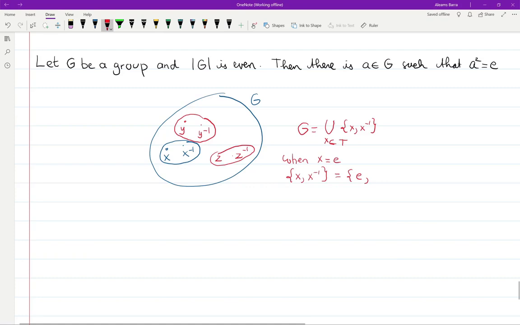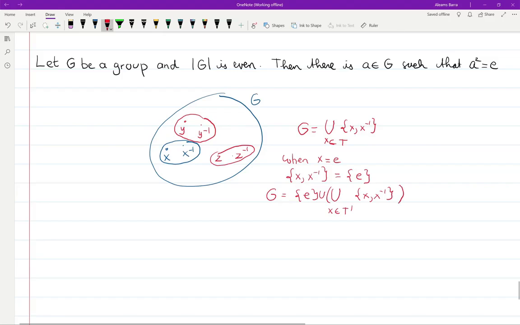So in fact, this is a singleton. So basically we can separate G as the singleton union with, let's say, T prime, for example, the sets of X and X inverse.